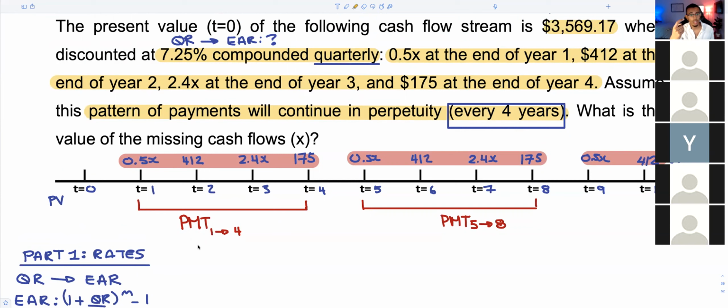Even before that, Shane, the reason why we needed our effective annual rate is because we wanted to figure out what's going to be the compounding effect for every single one of these cash flows occurring into our grouped payments. We need to figure that out. That's super important. So in this case, we know that our individual cash flows within our payment are going to be compounding within our grouped payment.